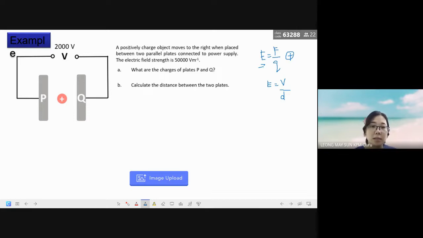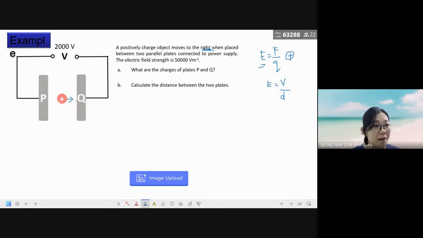Okay, so the question says a positive charged object moves towards the right when placed between two parallel plates. Positive charge repels what? Can you answer in the chat box? Positive charge repels positive. Positive, positive repel.